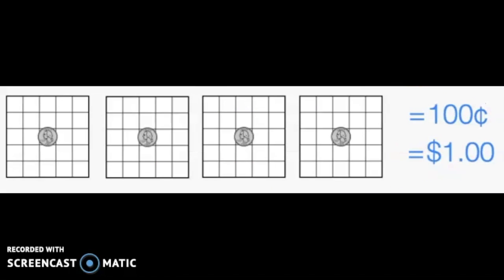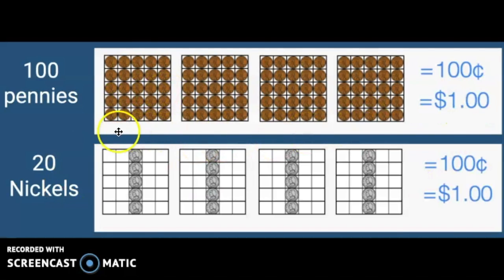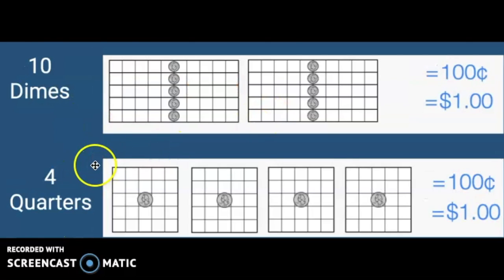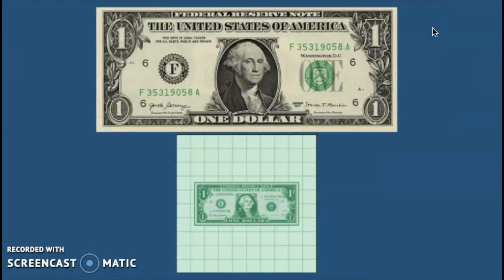For quarters, 1 quarter equals 25 cents, so there are 4 quarters in 100 cents or $1. So 100 pennies, 20 nickels, 10 dimes, or 4 quarters, all equal $1.